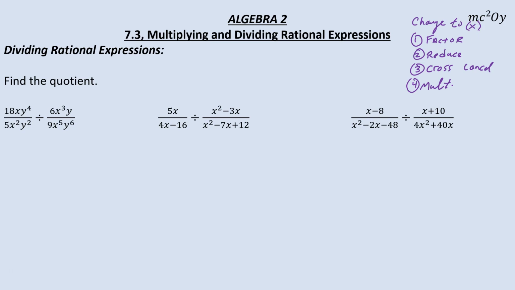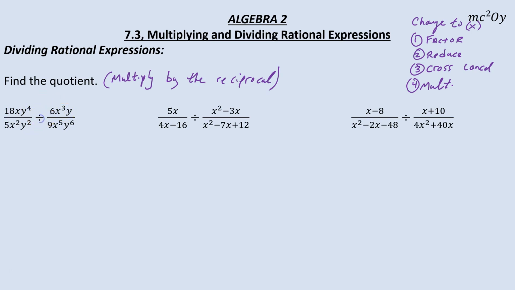And the way we change it to multiplication, remember, is when it says find the quotient, it could be the same thing as multiply by the reciprocal. Okay, so we have our first fraction, 18xy to the 4th over 5x squared y squared, multiply by the reciprocal.